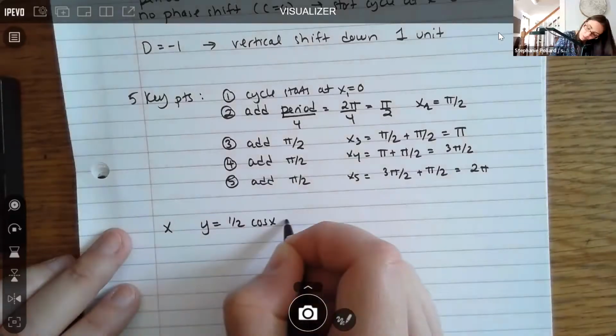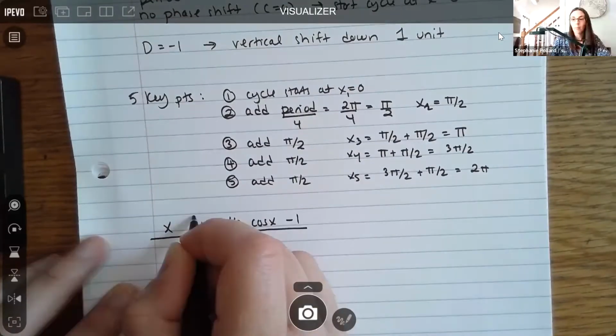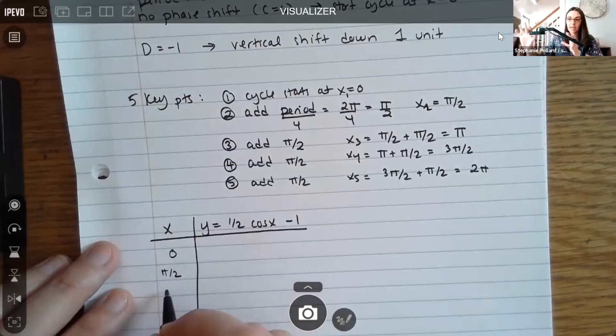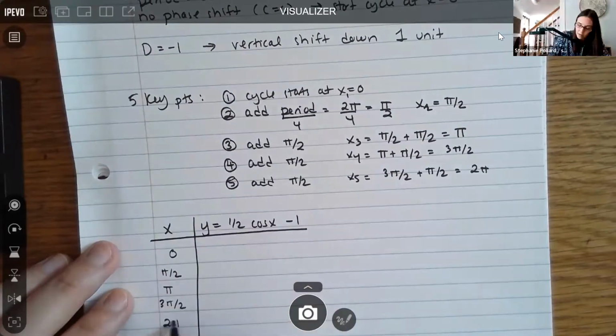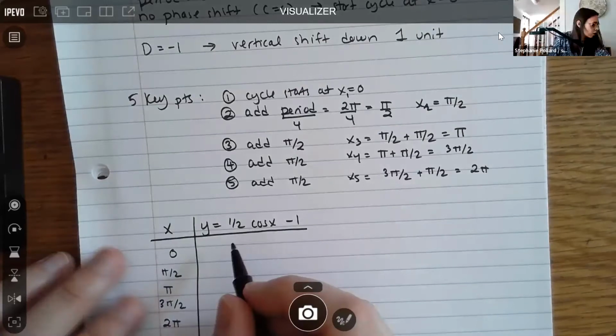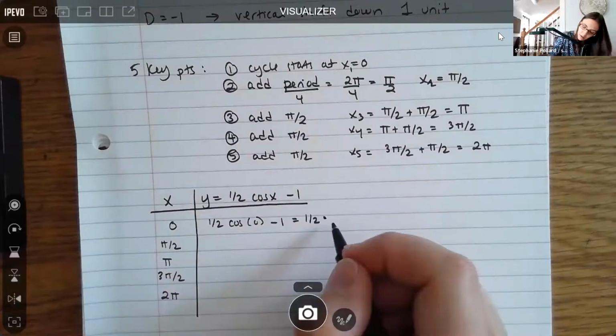Plugging everything in, I have 1/2 times cosine of 0 minus 1. Notice that minus 1 is not in parentheses, so it's outside the cosine function. It's not like the phase shift. So this becomes 1/2, and cosine of 0 is 1. 1/2 times 1 is 1/2, minus 1 is -1/2. And then I do 1/2 times cosine of pi over 2 minus 1.